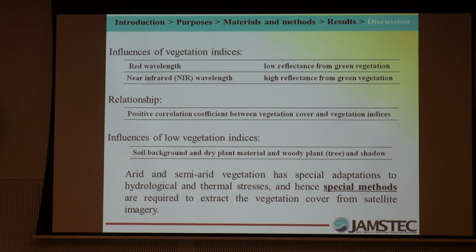Arid and semi-arid vegetation has special adaptations to hydrological and thermal stress, and special methods are required to extract the vegetation cover from satellite imagery.